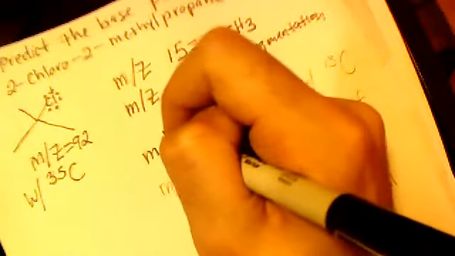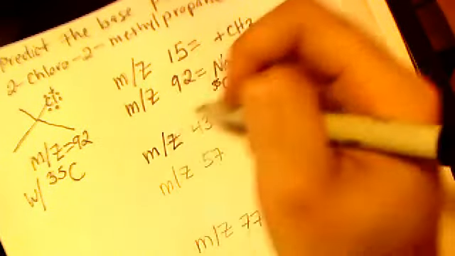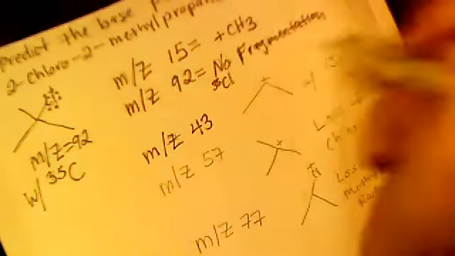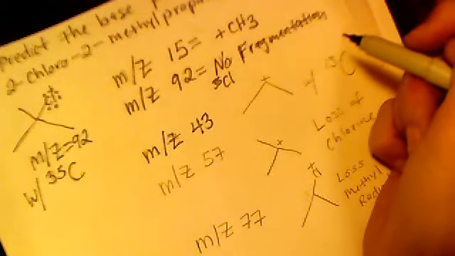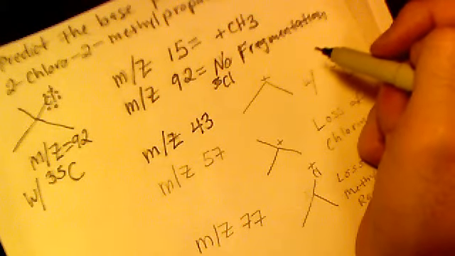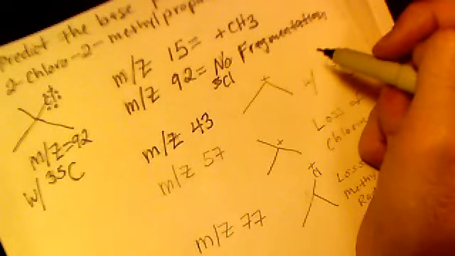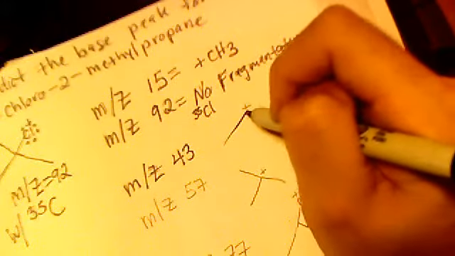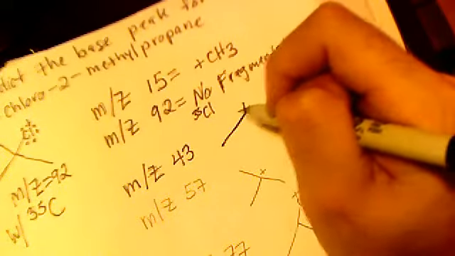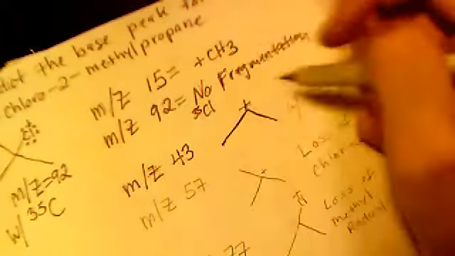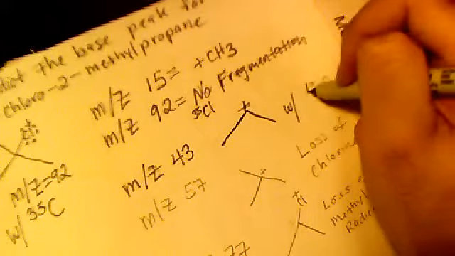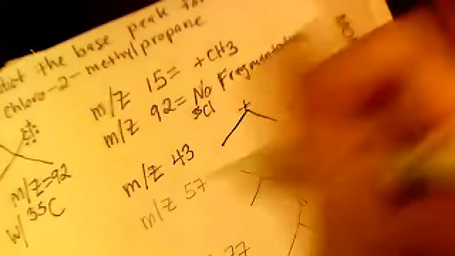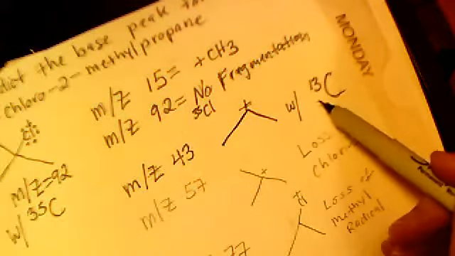Then there's MZ 43. So with that, a neutral methyl radical and a neutral chlorine radical would have to leave, leaving behind the propyl group, propane by itself. And it's 43 only with carbon 13, which all these other ones were using carbon 12, but all of a sudden carbon 13.